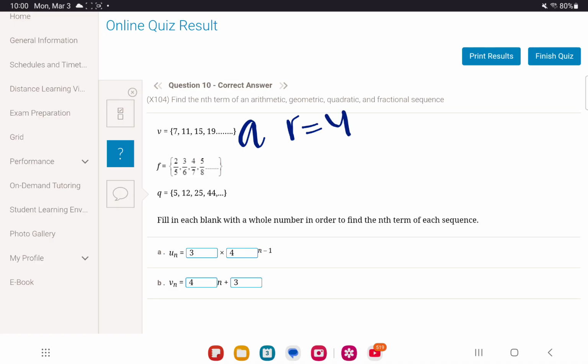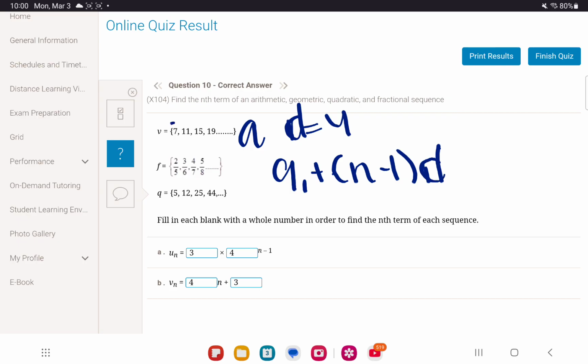The equation for arithmetic is A1 plus n minus 1 times d. This technically is a d because we're using arithmetic.